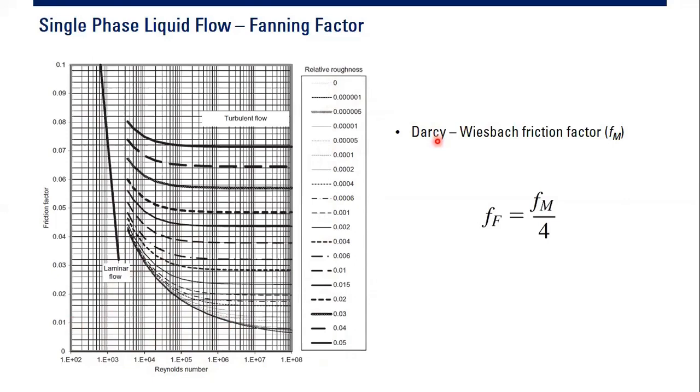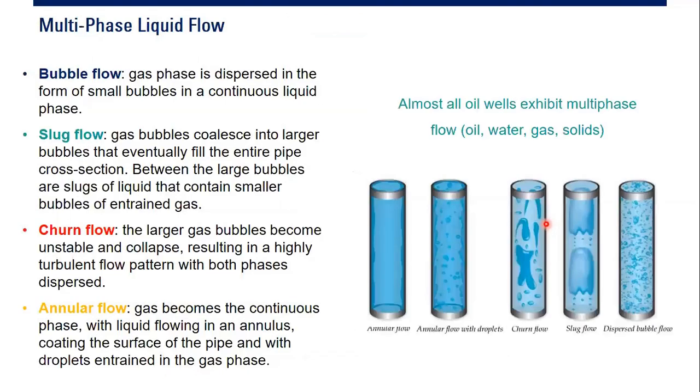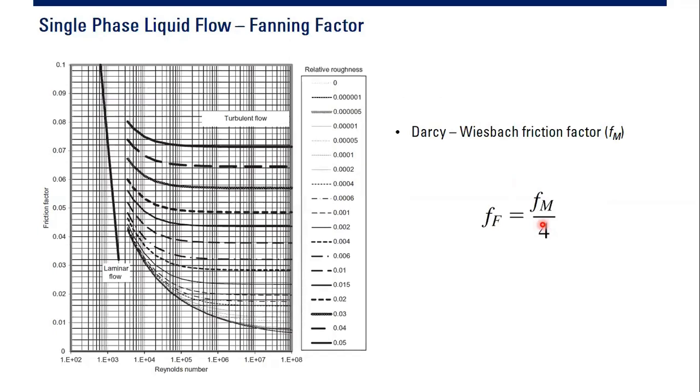We can also calculate the Darcy-Weisbach friction factor, or FM, where FF is FM divided by 4. We keep the Fanning friction factor.